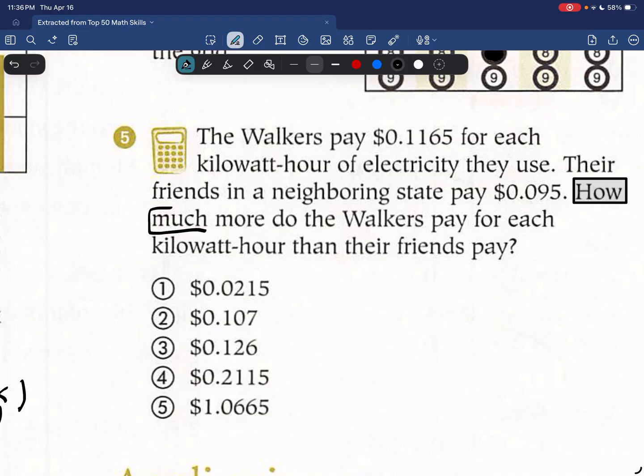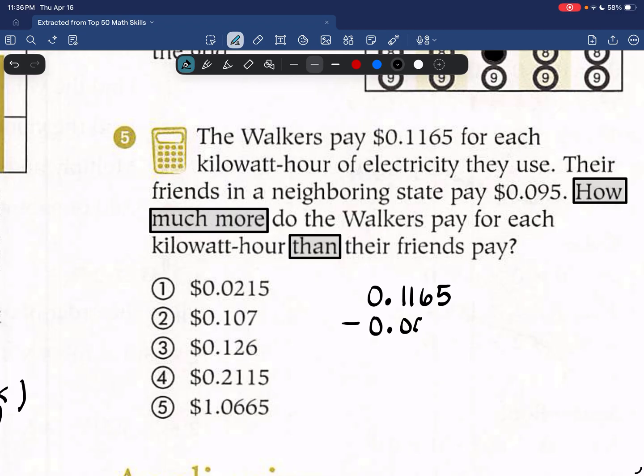How much more? That's subtraction. Do the Walkers pay for each kilowatt hour than, there's another subtraction word, their friends? So you can use your calculator. You could also do it longhand.